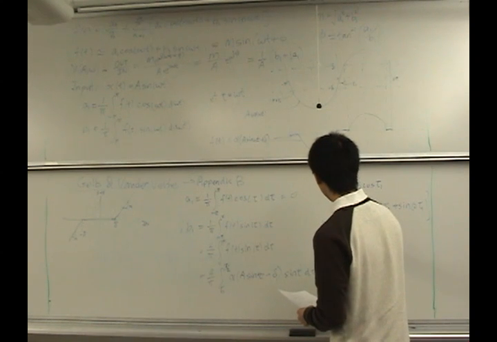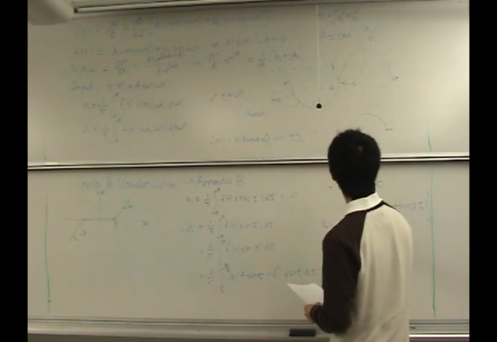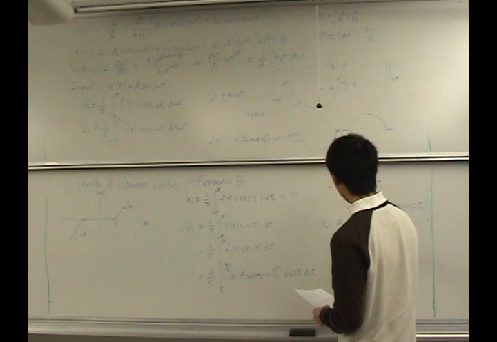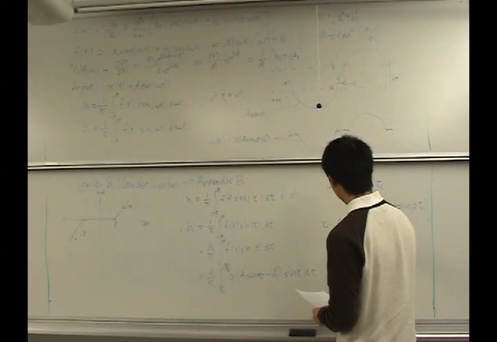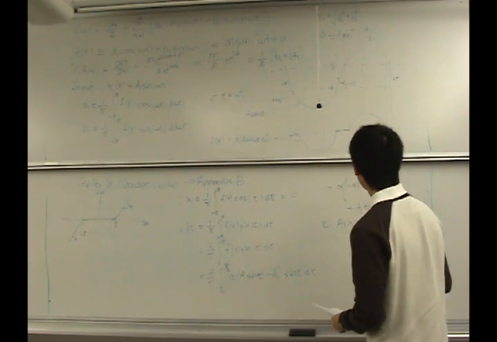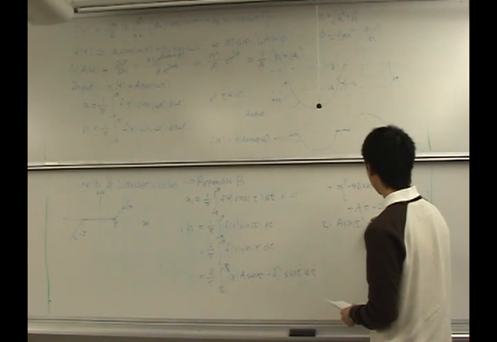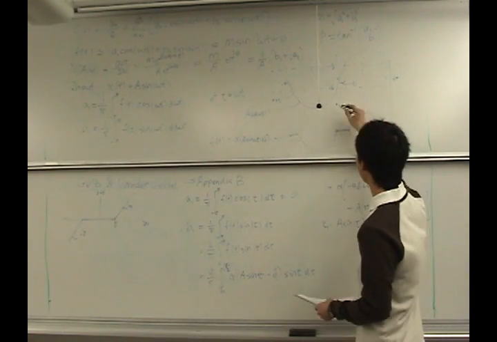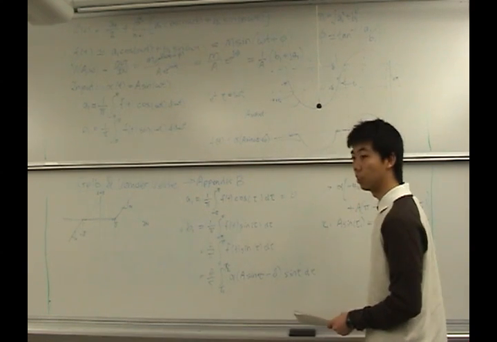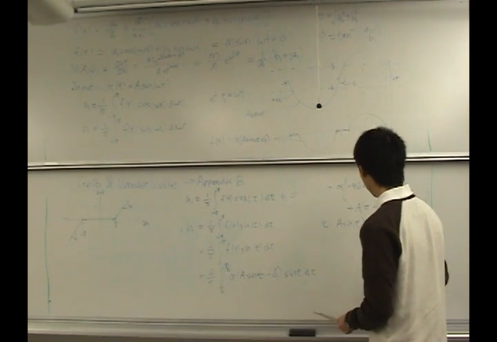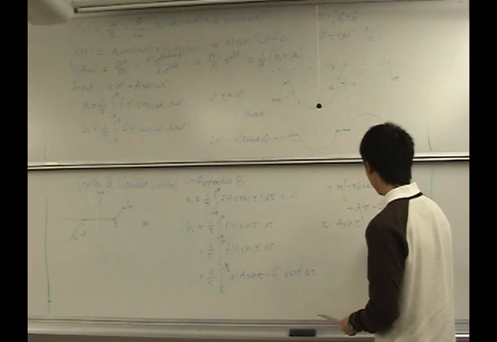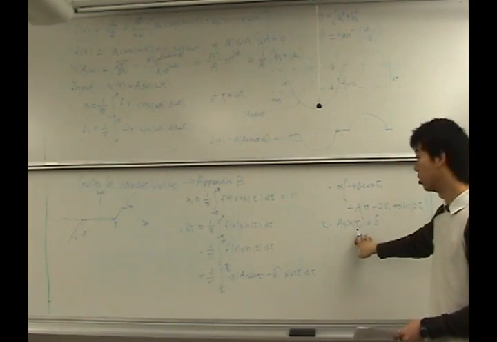When A sine tau 1, so that's this function, equals delta, then we know the angle is tau 1.